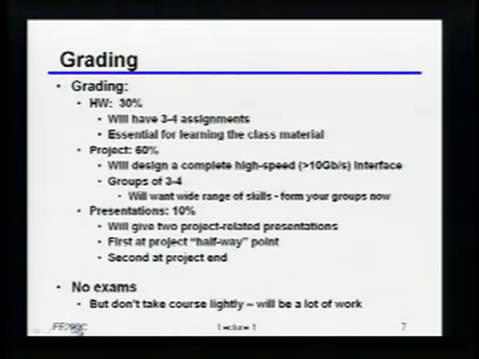And as it's written on the slide here, we're going to do a pretty high-performance link. I'm shooting for something like 10 gigabits per second plus. That's not because I'm mean. That's just because if you were to get a job in the industry today, you'd pretty much have to be working on something in that range to make it really worthwhile.